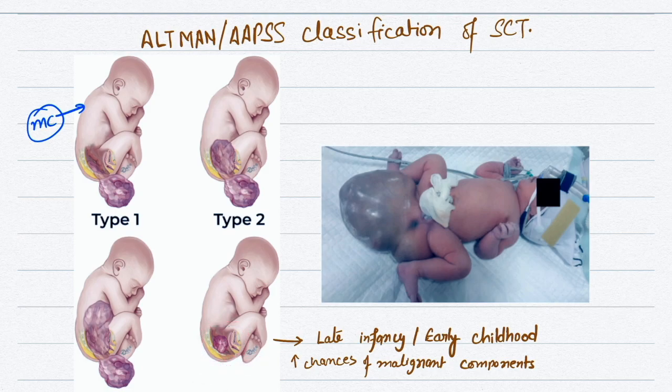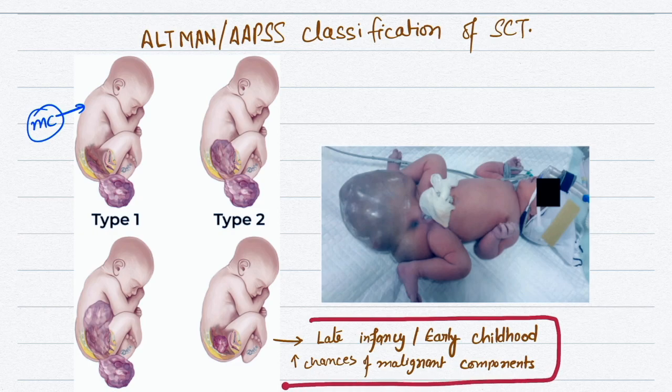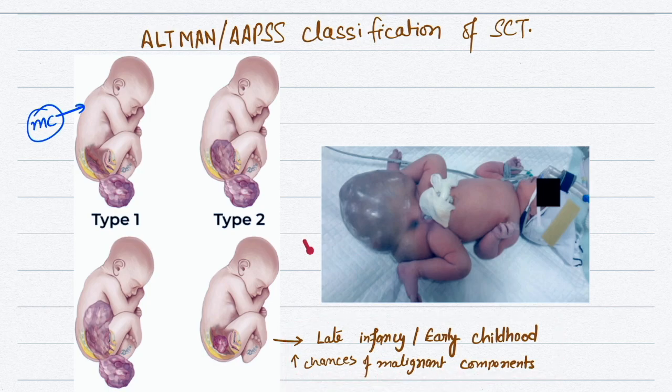This type 4 sacrococcygeal teratoma is usually seen in late infancy or early childhood, and it has higher chances of malignant components. This is the clinical presentation of an external sacrococcygeal teratoma, a large mass at the distal end of the spine.